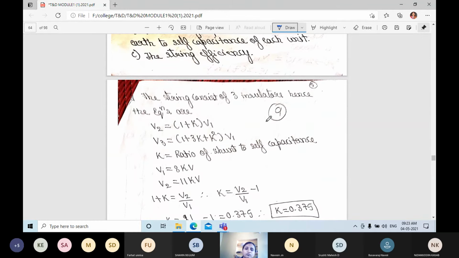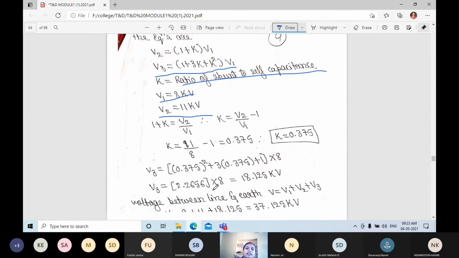First, V2 is equal to 1 plus K into V1. V3 is equal to 1 plus 3K plus K square into V1. K is the ratio of shunt to self capacitance. V1 they have given as 8 kilovolt, V2 they have given as 11 kilovolt.